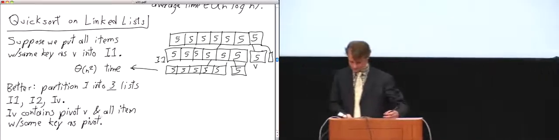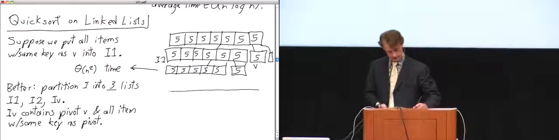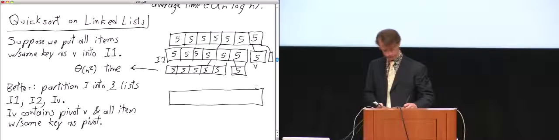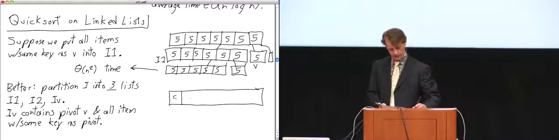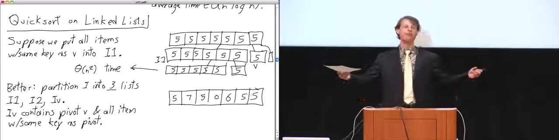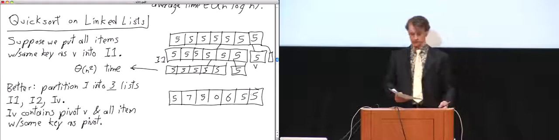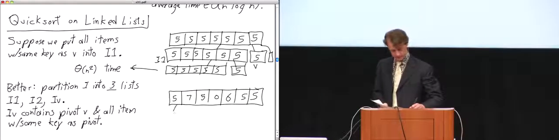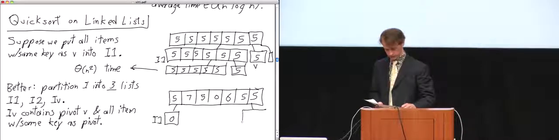Let me just show you a slightly more sophisticated example, because we also care about having fast performance when almost all the keys are the same, but not all of them. So here's an array that's just mostly 5s. We will still separate out the keys that are less than 5 and the keys that are greater than 5, and we will sort those recursively.